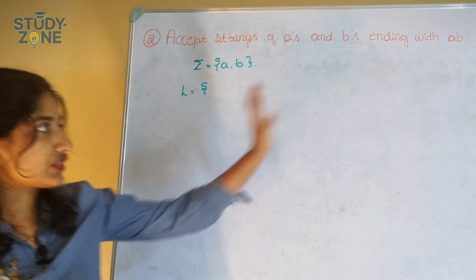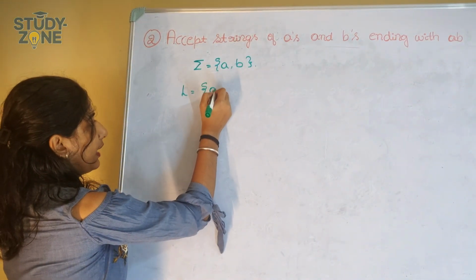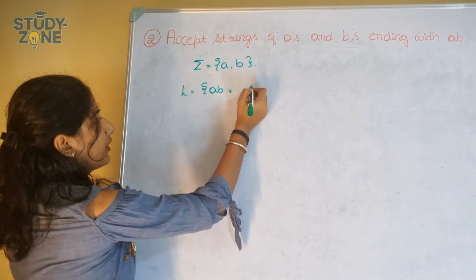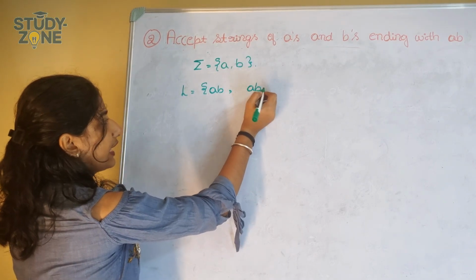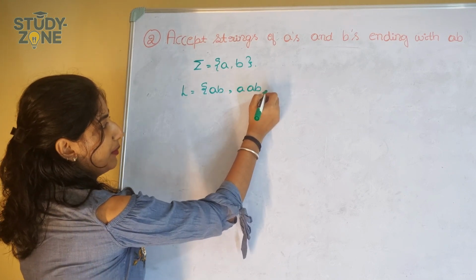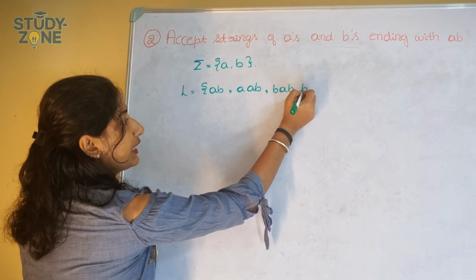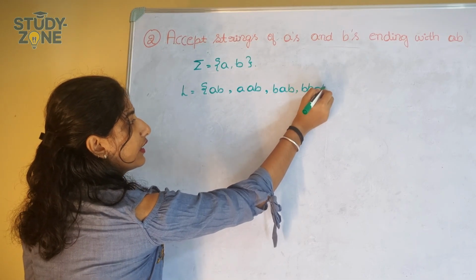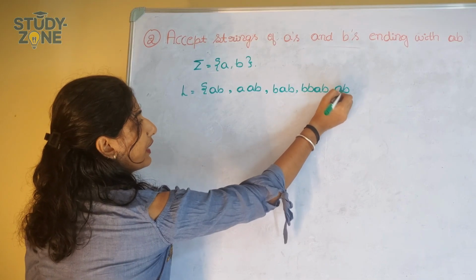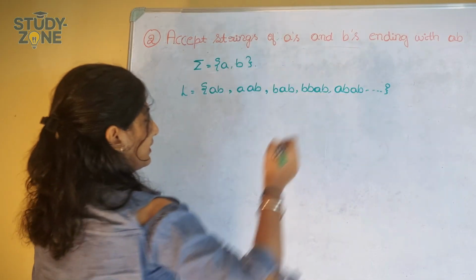So we need strings ending with AB. So we can write AB, or we have strings ending with AB. At the beginning we can have anything, right? So ABB, BAB, or BBAB, ABAB, anything, but it should end with AB, that's it.